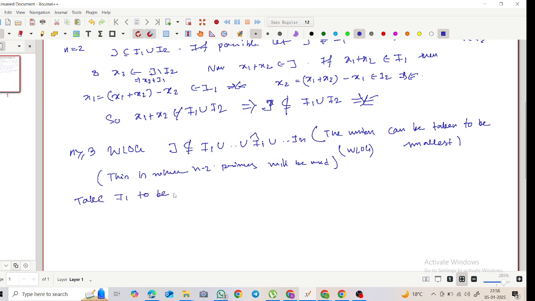Okay, because if you observe, for n equal to 1 or 2, we did not need I1 or I2 to be prime. Take I1 to be prime. So since J is not in this, therefore for each i there exists xi belonging to J minus I1.